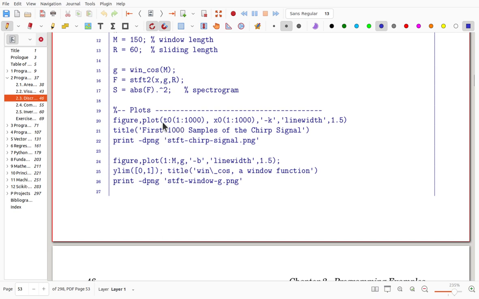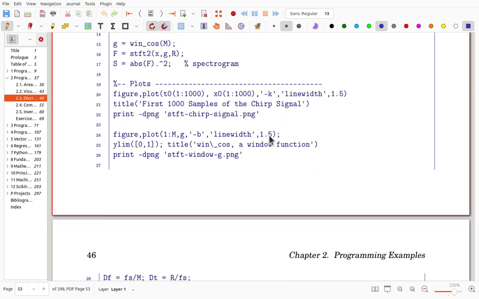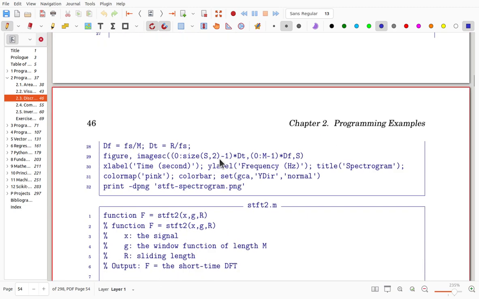We try to save only the first 1,000 samples of the chirp signal, and in the second figure we try to save the window function, and finally here we try to save the spectrogram.